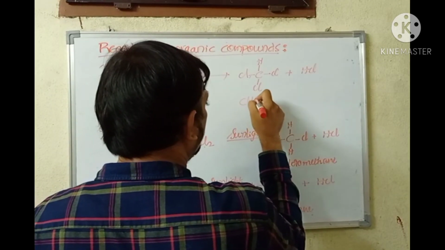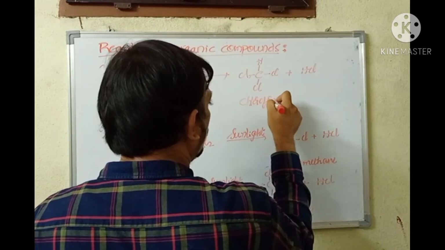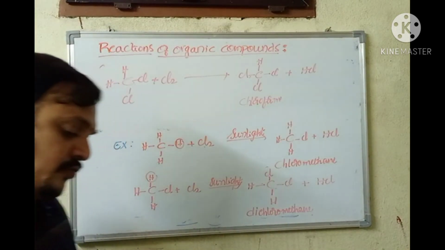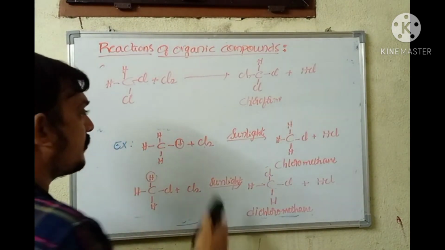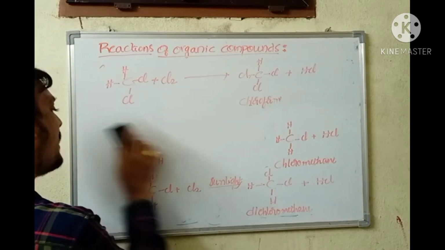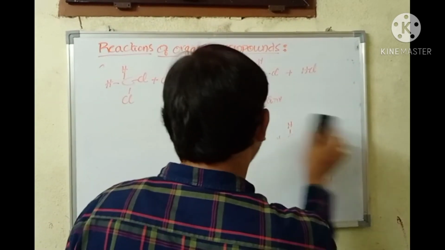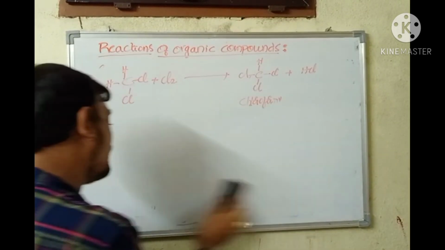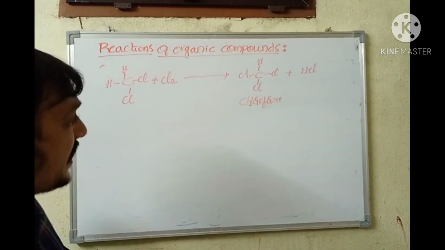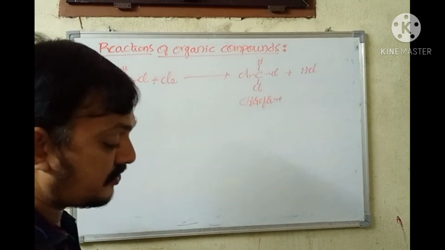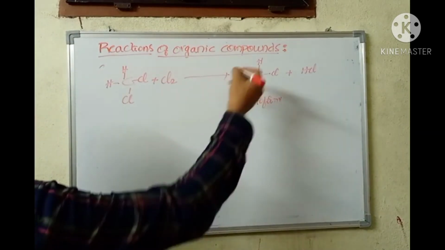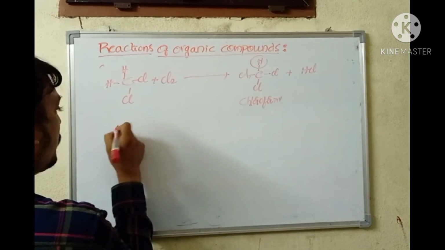CHCl3 is nothing but chloroform, which was used as a local anesthetic for surgery in olden days. Nowadays, the use of chloroform as an anesthetic is restricted because it is found to attack the liver.